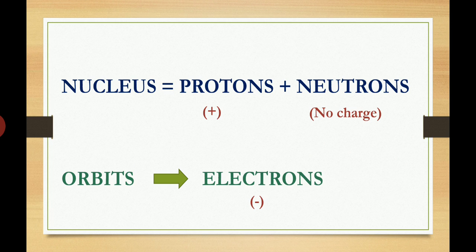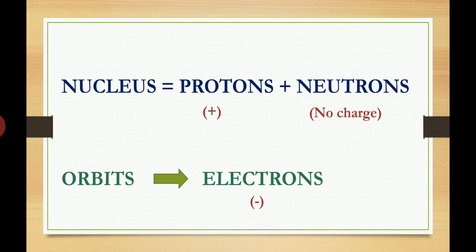So in the nucleus, as protons and neutrons both are present, and neutrons have no charge but protons have positive charge, overall, due to the presence of the protons, the nucleus has a positive charge. And in orbits, electrons revolve around and have a negative charge.